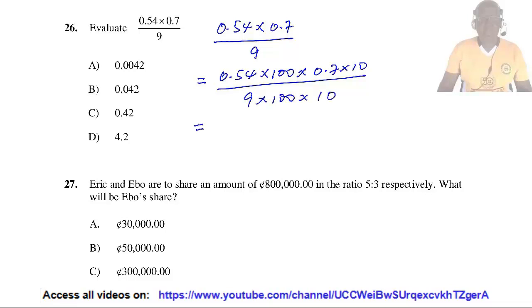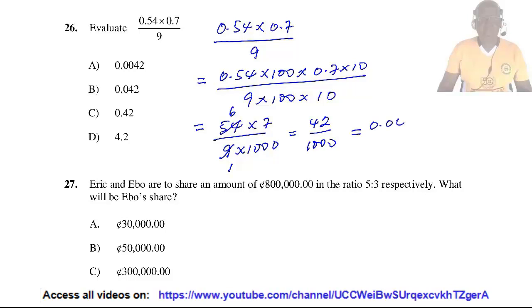Now we shall get 54 times 7 divided by 9 times 1000. 9 goes into 9 once, 9 goes into 54 six times. So 42 divided by 1000 equals 0.042. So the answer is B.